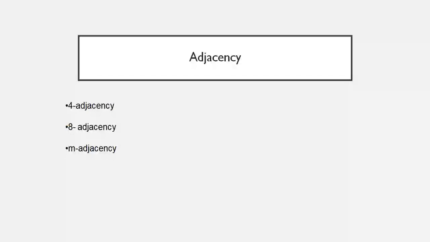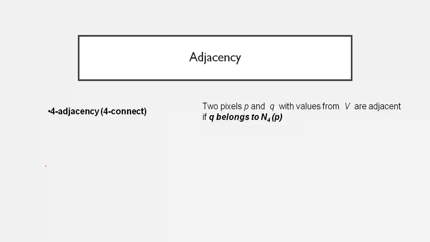Now, based on this fundamental of 4 neighbors, 8 neighbors, diagonal neighbors, we have something called adjacency or connect. So whether we can connect the two neighboring pixels or not will depend upon the rules which are defined here. So first, for adjacency, we say that if two pixels have values from a particular set V, and if Q belongs to four neighbors of P, then they can be connected.